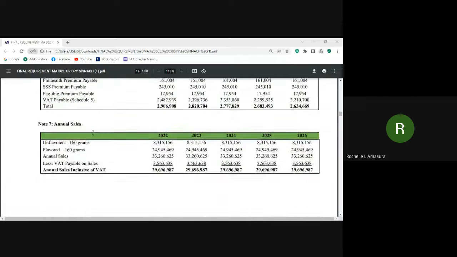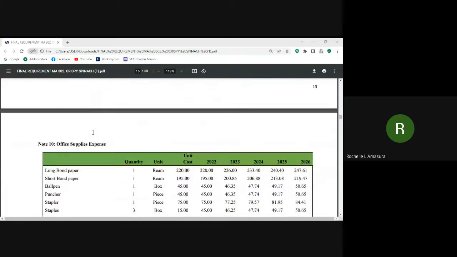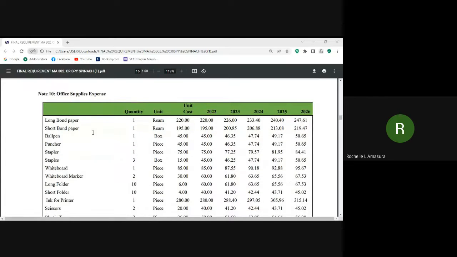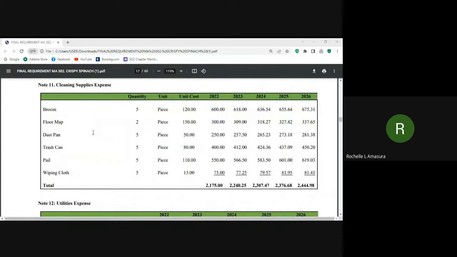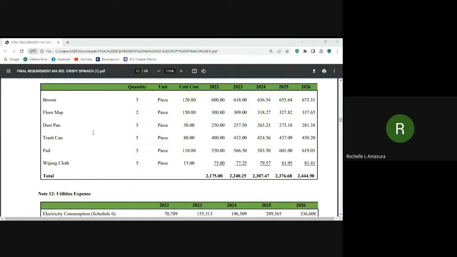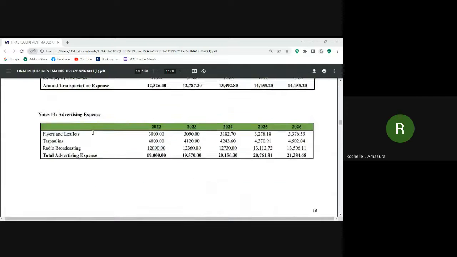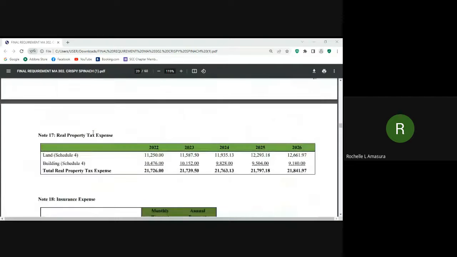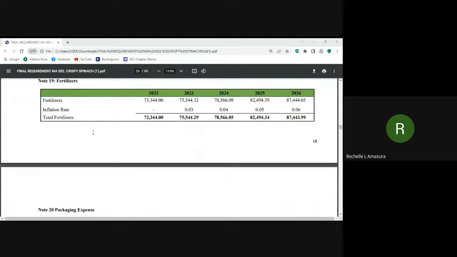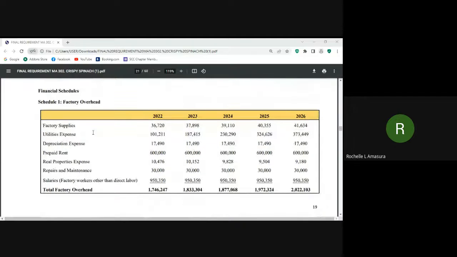Annual sales, operating expense, office supplies, cleaning supplies, kung pila ka book ang magamit in a year, utilities expense, transportation expense, advertising expense, business permit, license, repair maintenance, property tax expense, fertilizer, packaging expense. Then, there is a financial schedule.